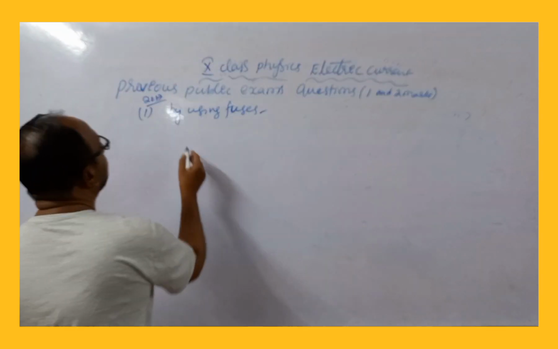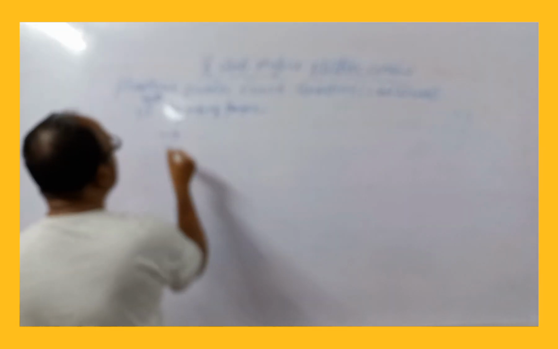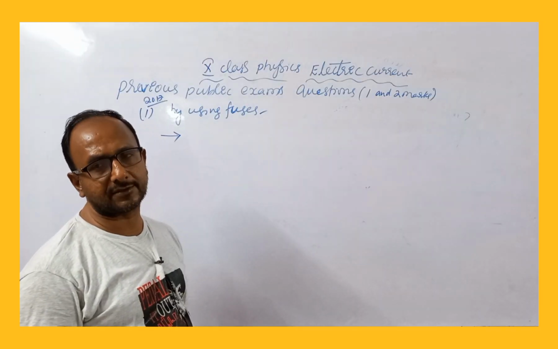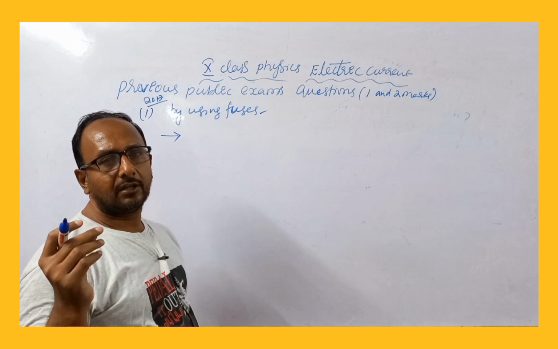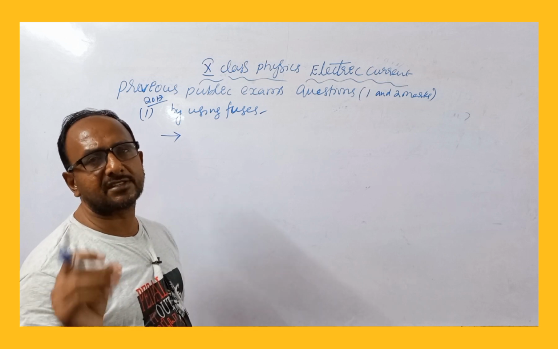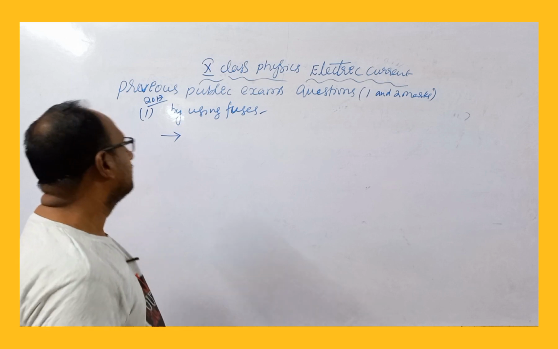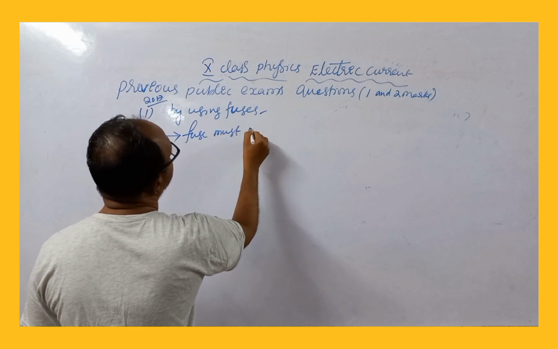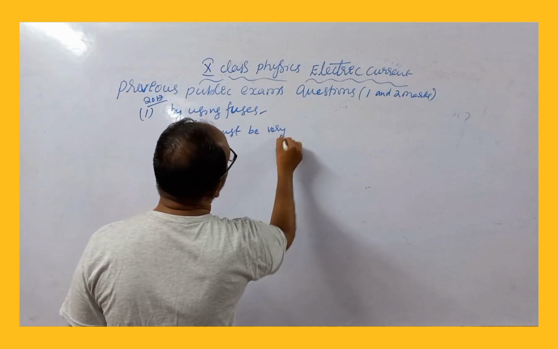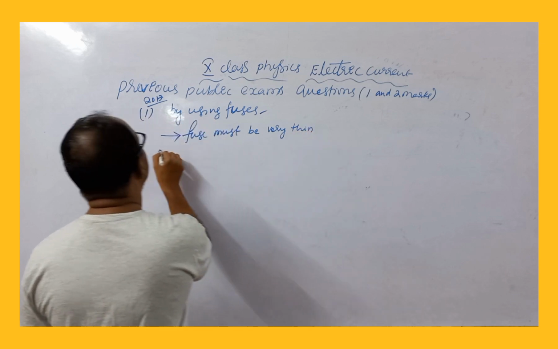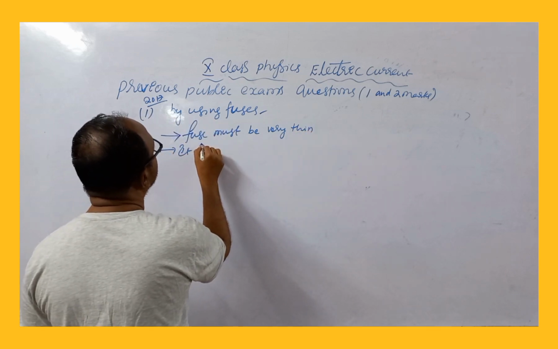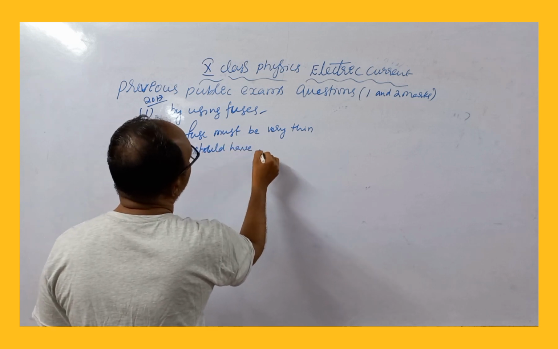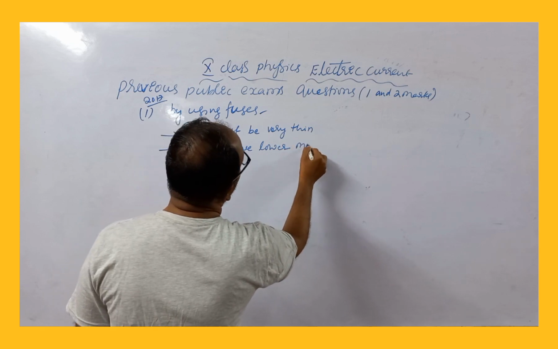Generally, the characteristic properties of a wire to be used as a fuse: the fuse must be very thin, and it should have a lower melting point.